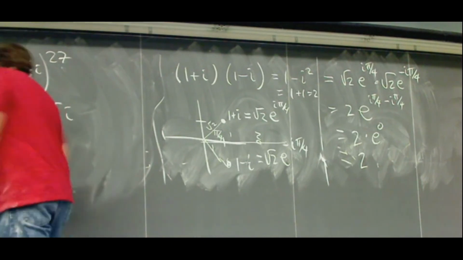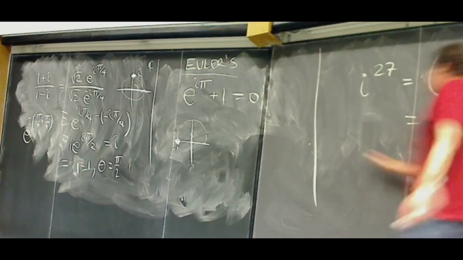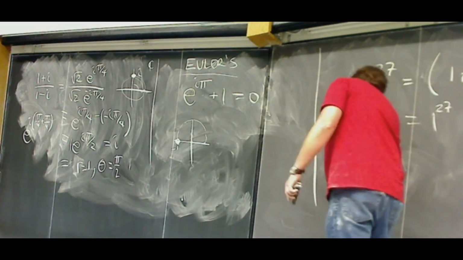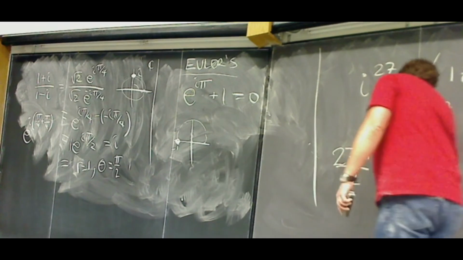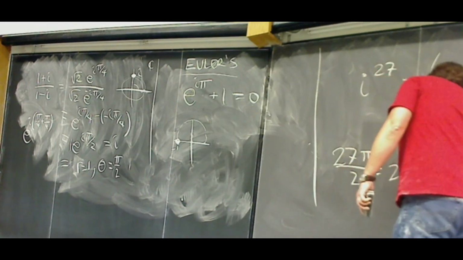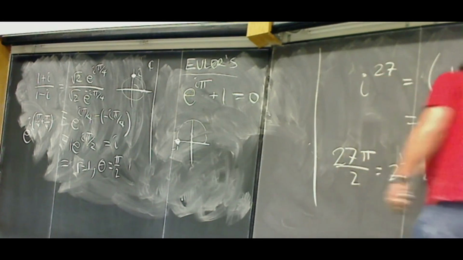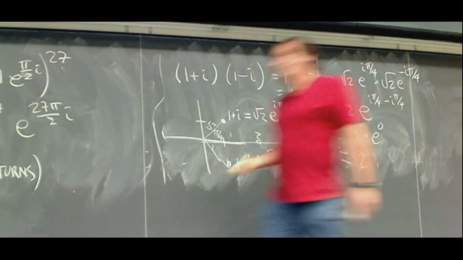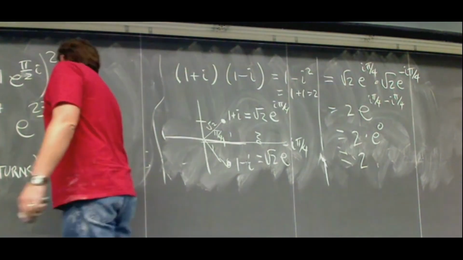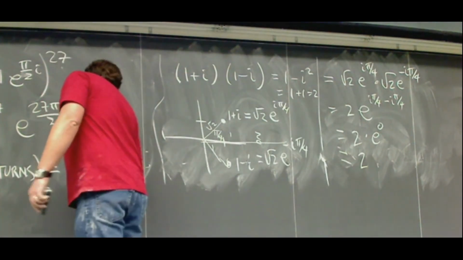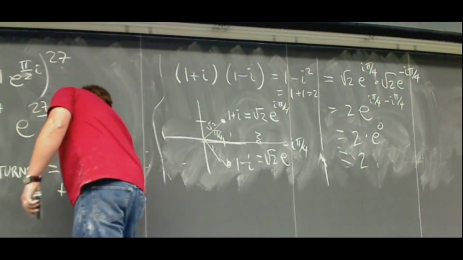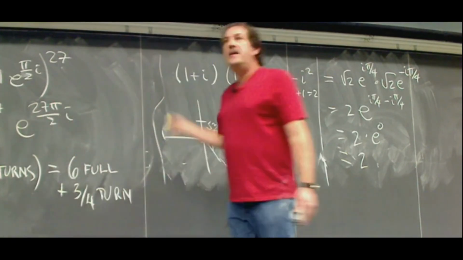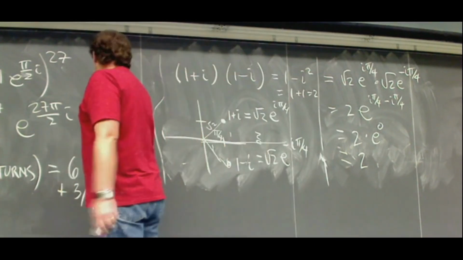So I think here, 27 pi over 2, this is 27 quarter turns. Well, 27 is 24 plus 3 more. So it's 6 full turns plus 3 quarters. So this must be negative I.